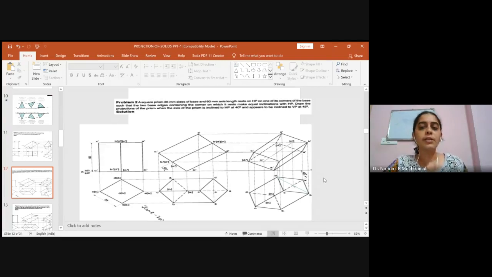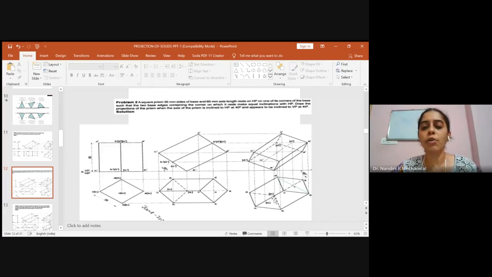After this, the final stage: how does the front view look? That has to be determined. For that, again, the procedure: you have to take projections from each and every corner of the top view. Don't leave any single corner.